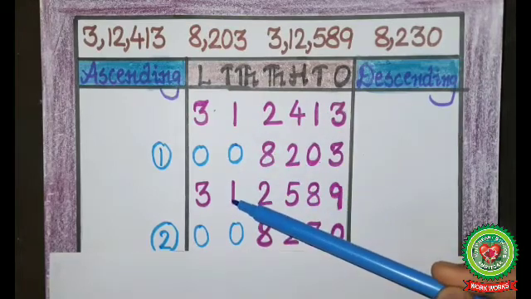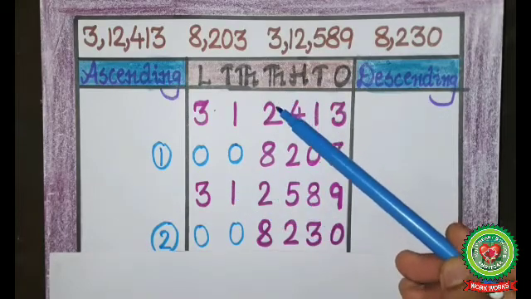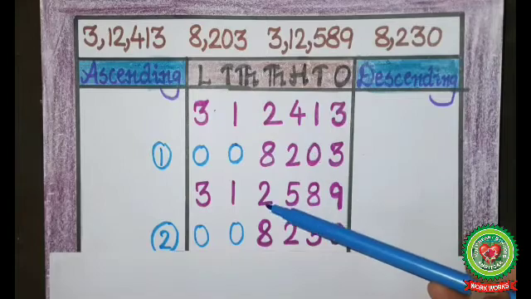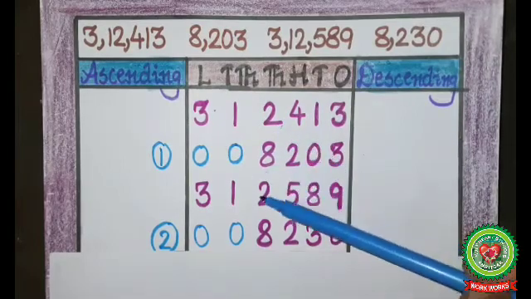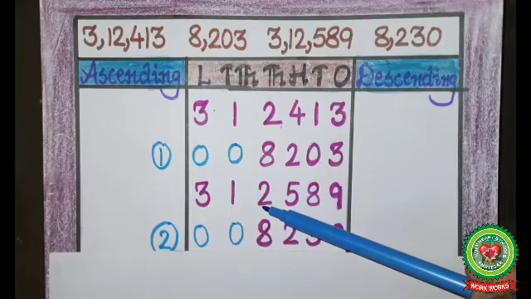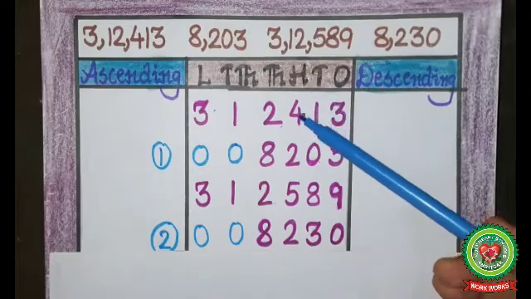Comparison is not possible. So we will move to the next place, that is thousands place. Again at thousands place both numbers are 2 and 2. We can't compare. We will move to the next place, that is hundreds place.